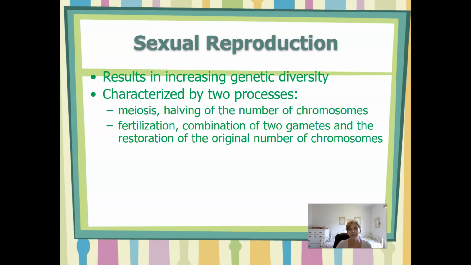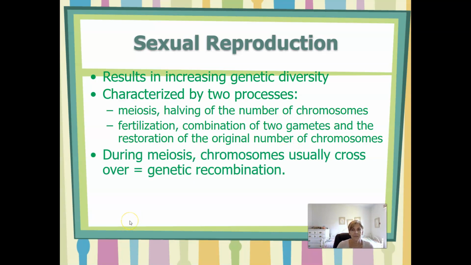Okay, so a combination of two gametes, so we would talk about eggs and sperm, and the restoration of the original number of chromosomes. So the 23 plus 23 equals 46 for humans. During meiosis, the chromosomes usually cross over. We saw that in the vocabulary, the tangling that happens in the legs of the homologous chromosomes, and they exchange bits of genetic information, right?